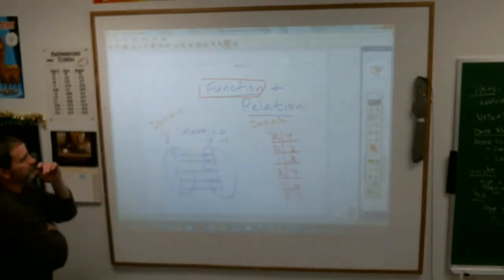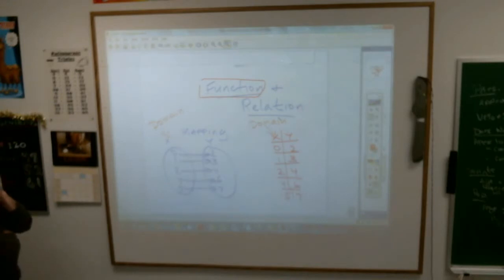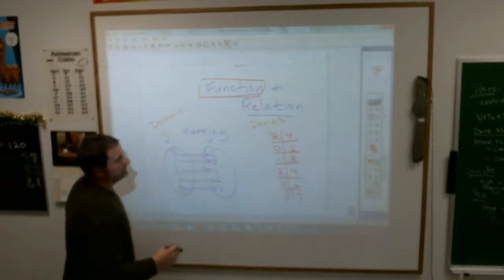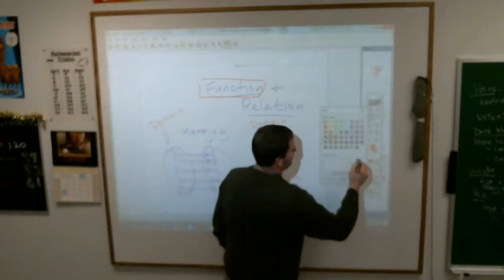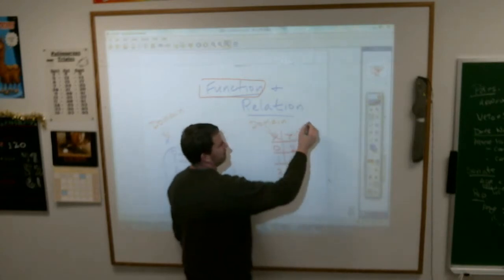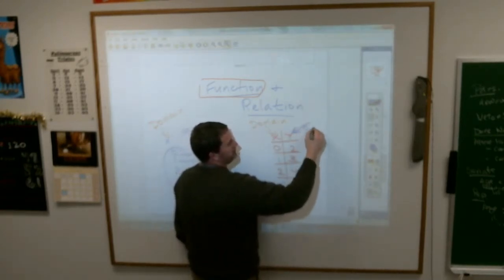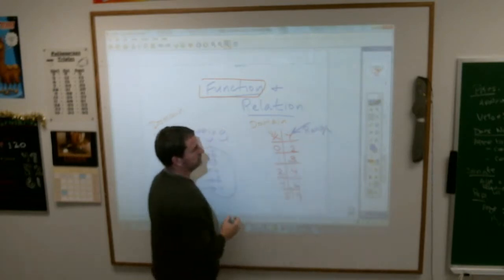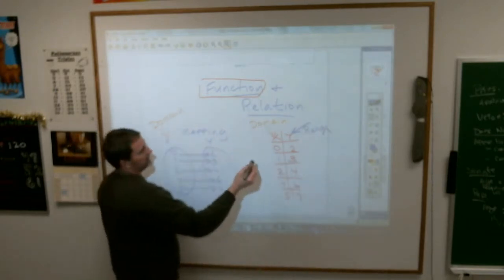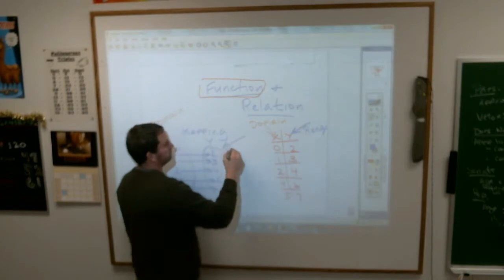There was a way to remember this, but I don't remember what it was. Anybody know what the y numbers were called? Those were called the range numbers.